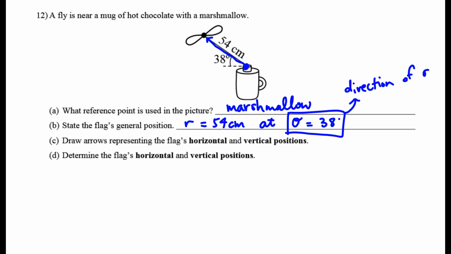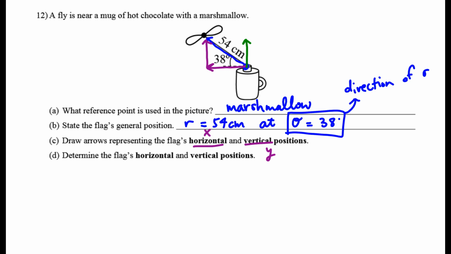Next, we have to draw arrows showing the horizontal, that's x, and vertical, that's y, positions. Okay, put your pencil at the origin. From the origin, draw along the x-axis first. Then, without picking up your pencil, you can draw along the y-axis to get straight to the fly. Now, you don't want to do this. You don't want to draw the y first and the x second.